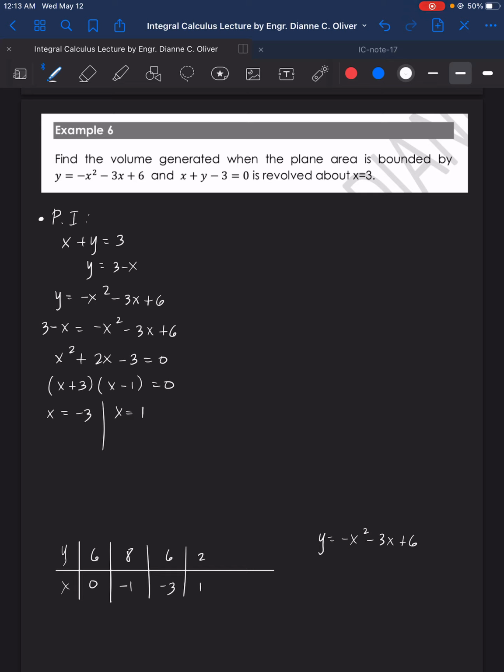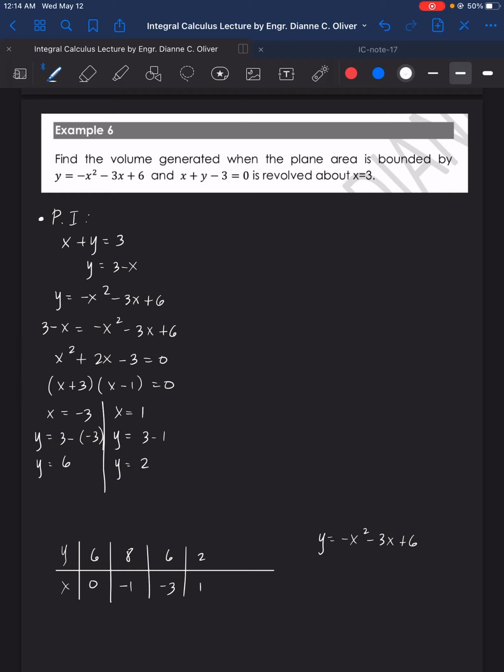At x is equal to negative 3, y is equal to 6. At x is equal to 1, we have 3 minus 1, so y is equal to 2.